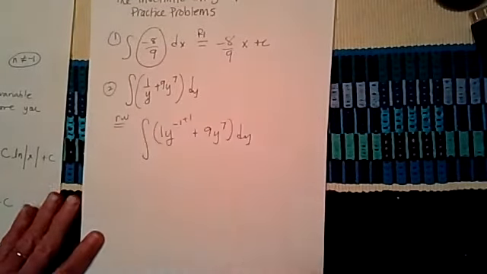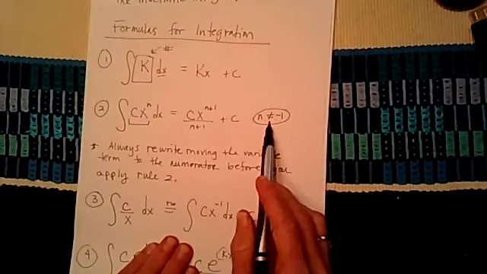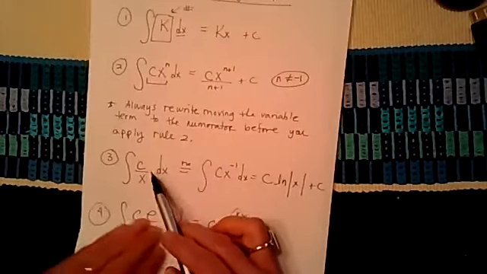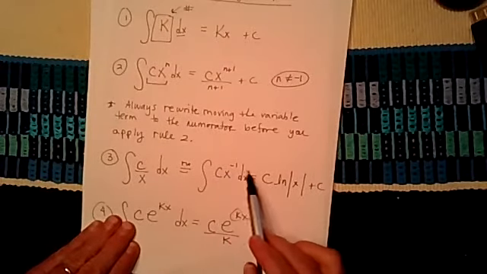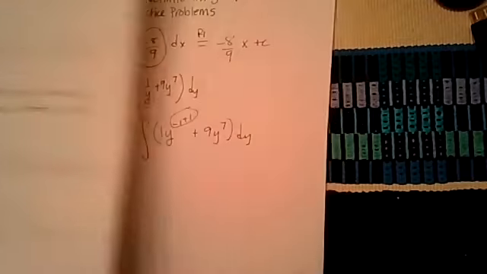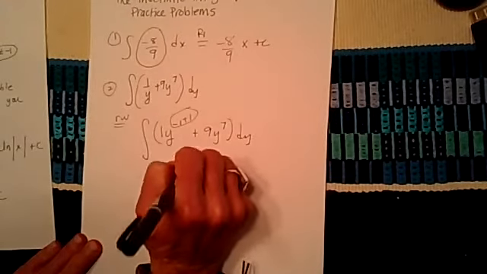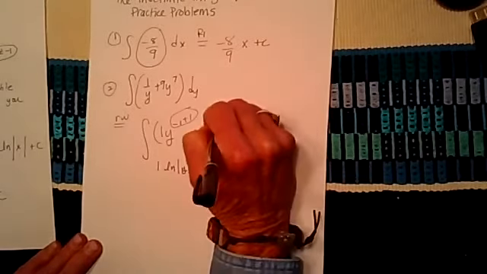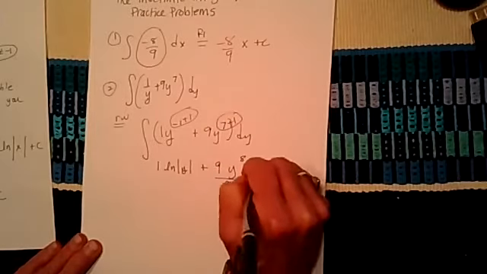When I add 1, what happens? My exponent is 0, so that tells me I can't use rule 2, because I can't use it if the exponent's -1. When I get the -1 exponent, I bring my constant over, and it's just the ln of the variable. So that's 1 times the ln of y plus 9, and then I add 1 to the exponent, and I get y to the 8 divided by 8 plus c.